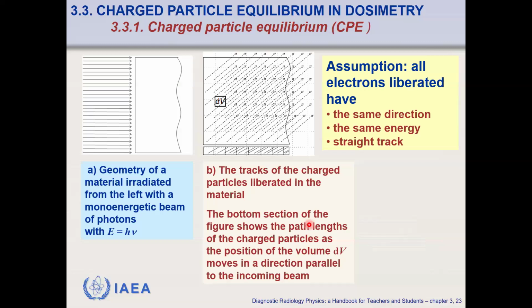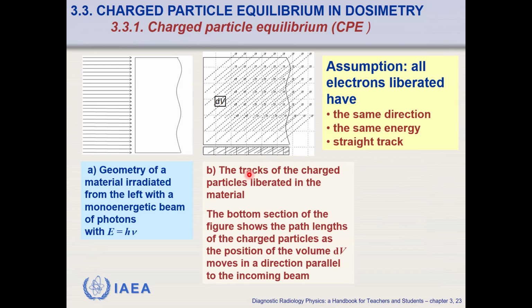These tracks are essentially a path of ionized atoms and the free electrons left behind by the interaction. A number of tracks is small near the surface of the material and increases as you go deeper.